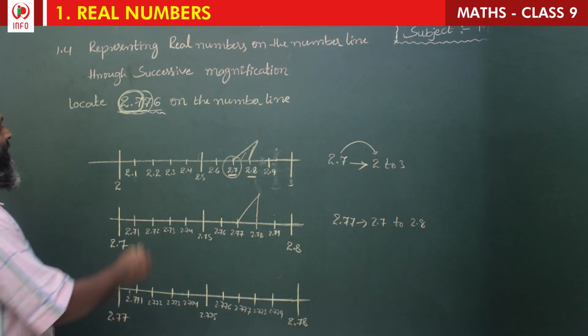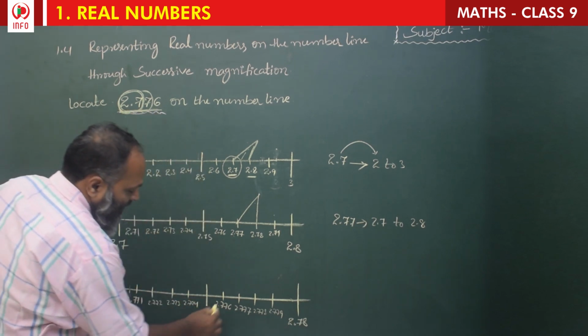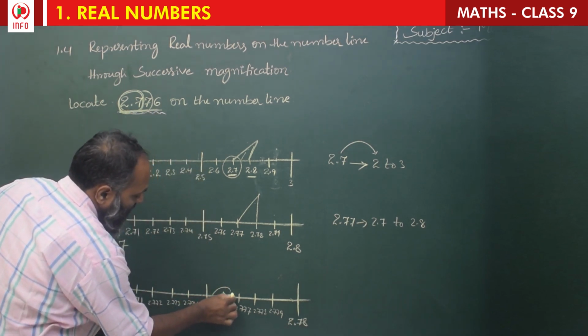So now what is our answer? 2.776. Where is 2.776? This is our 2.776.